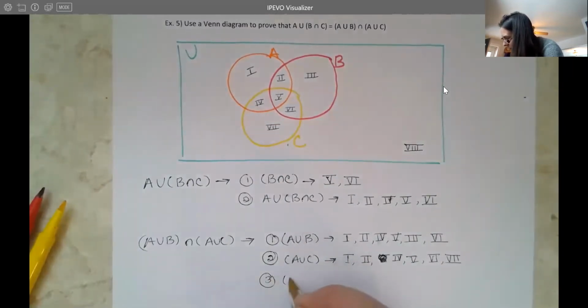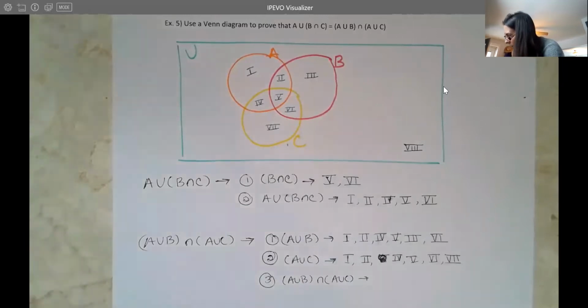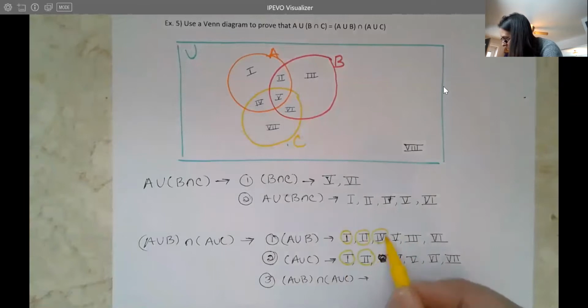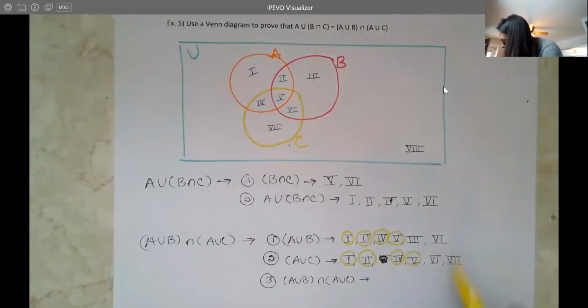And now I'm looking for the intersection. Remember, the intersection is what they have in common. They both have 1 in common, both have 2 in common, both have 4 in common, they both have 5 in common, and they both have 6 in common.